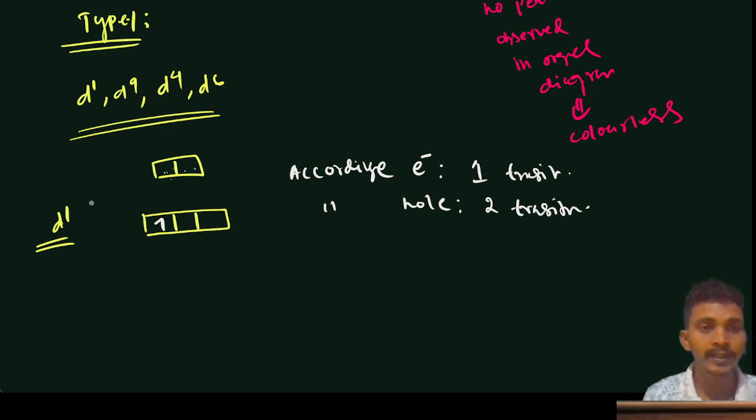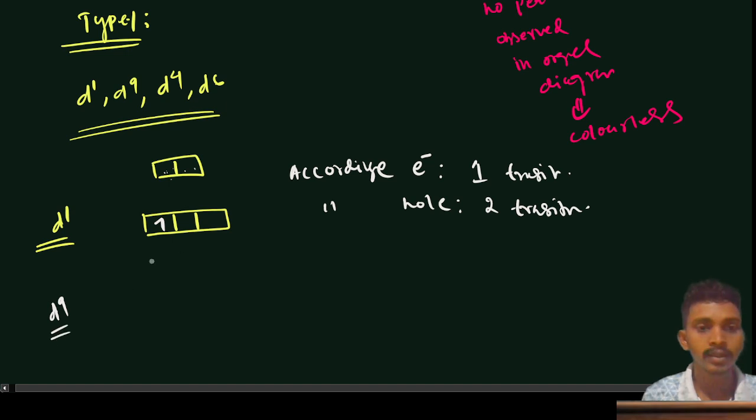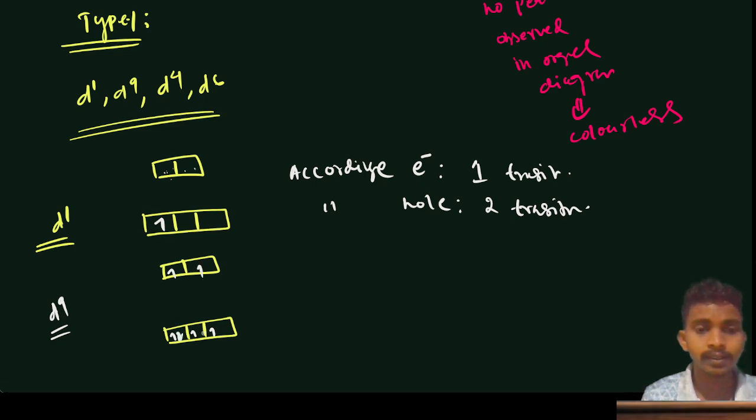Similarly, if I say D9, fill the electrons, 1 2 3, only high spin, 1 2 3 4 5 6 7 8 and 9. How many holes are there? Hole is 1. How many transitions of electrons are possible?